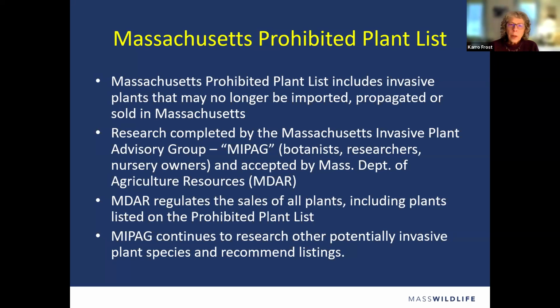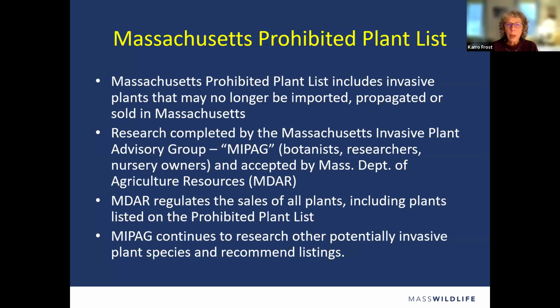And that list was accepted by Massachusetts Department of Agricultural Resources, or MDAR. MDAR is the state agency that regulates all the sales of all plants. And they also regulate and enforce that prohibited plant list.